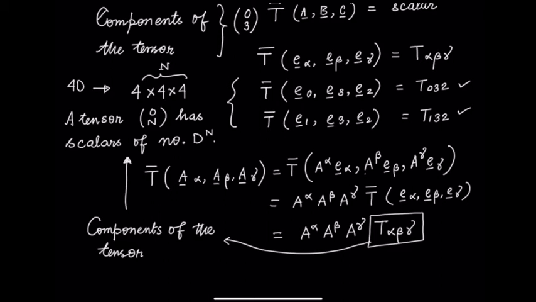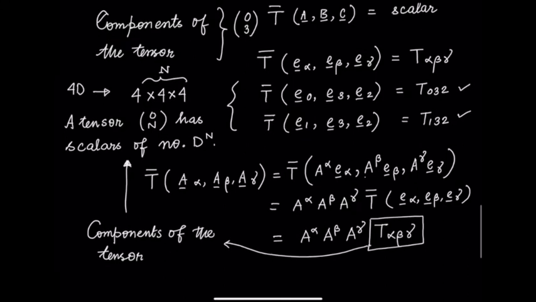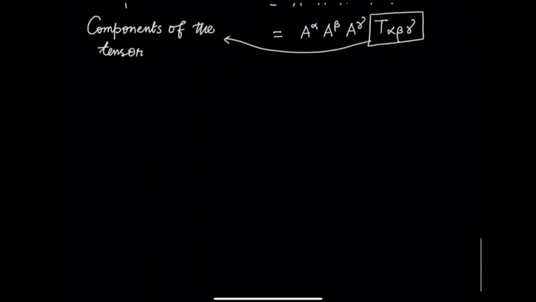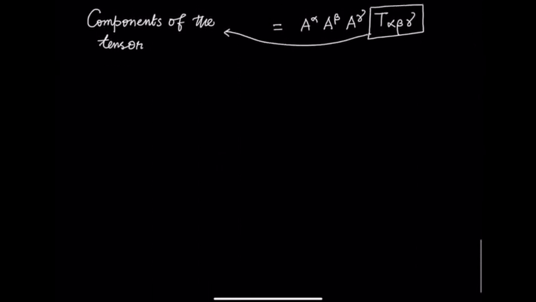Now, this is all still kind of abstract. Let us jump into the simplest case of a tensor, that is a vector, or that is not a vector.